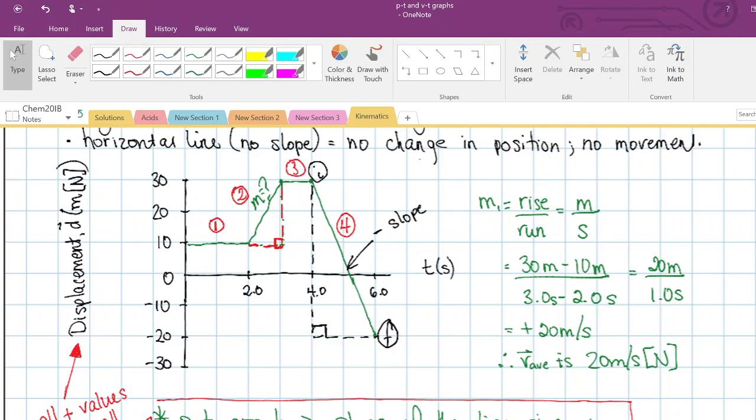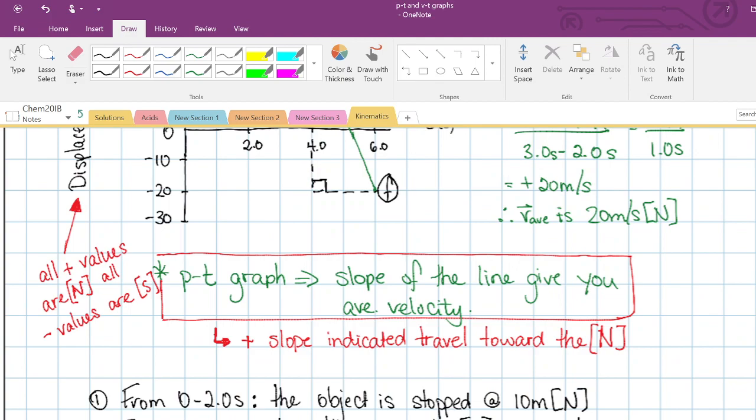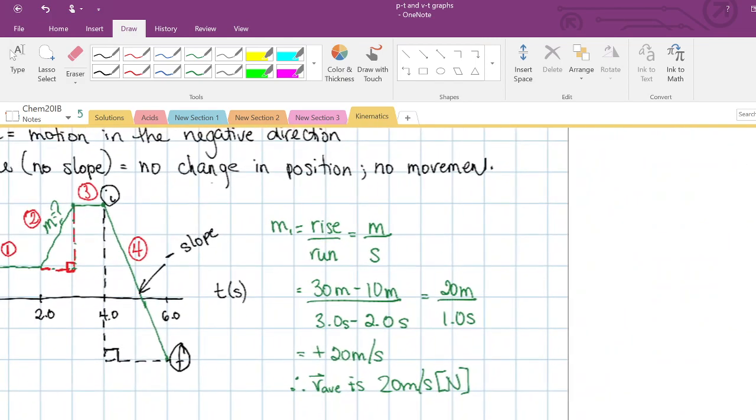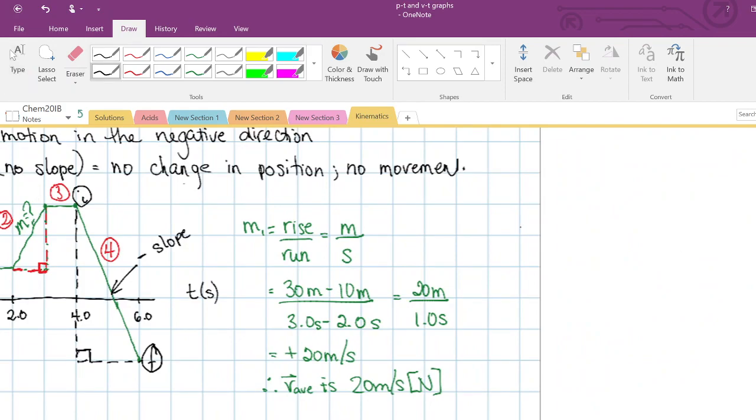Now, if we calculate the slope over here, what you have is your initial point. That's where the start is. And we finish down here. I'm going to calculate this for you over here on the side. So we've got slope is rise over run.